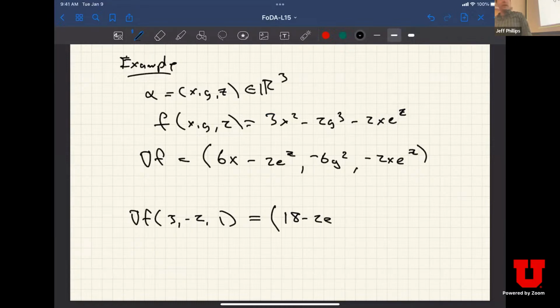So that's the first coordinate. The second coordinate is y, I put in minus 2, that's 4 squared, that's minus 24. And the last coordinate, x is 3, that's a 6, negative 6 in front, times e. Okay, great. So the output is a three-dimensional vector, not necessarily a unit vector. It has some scale to it.